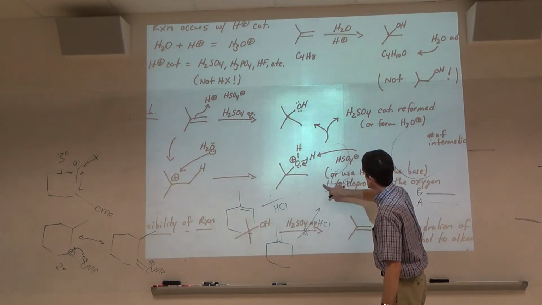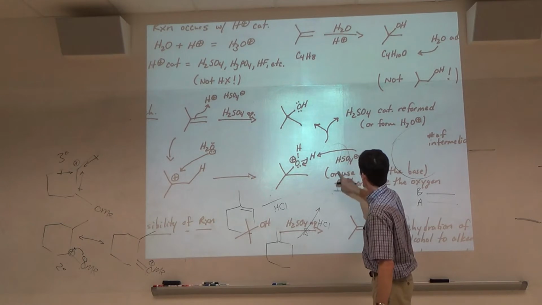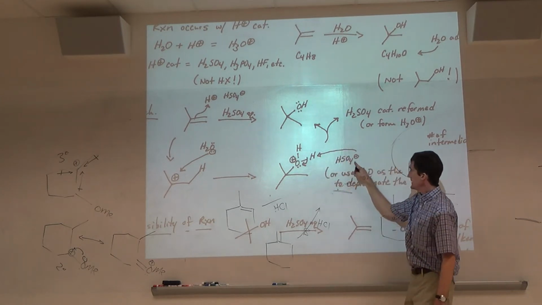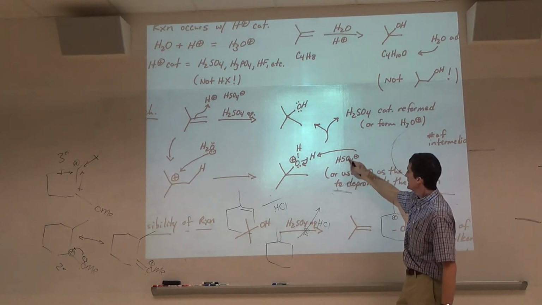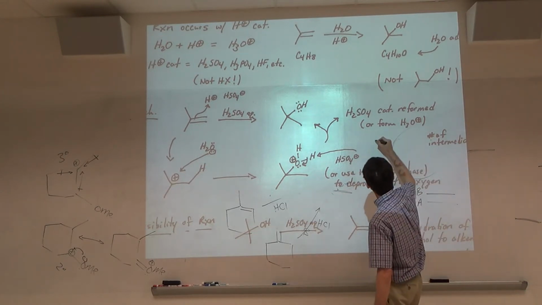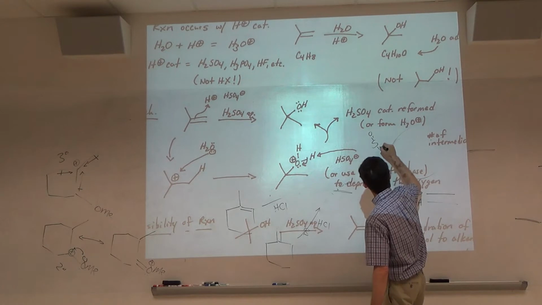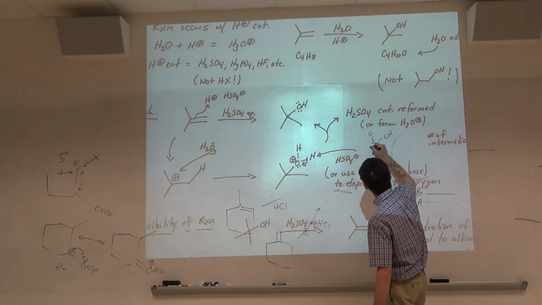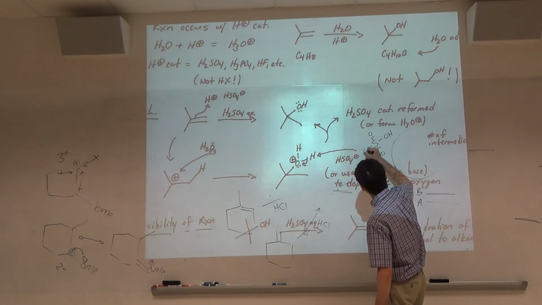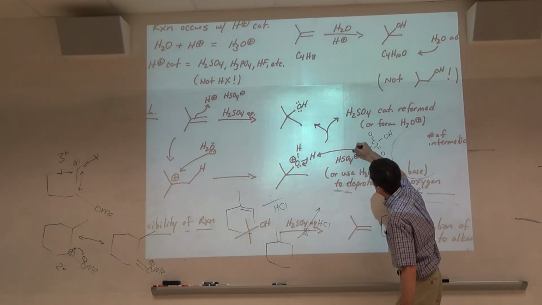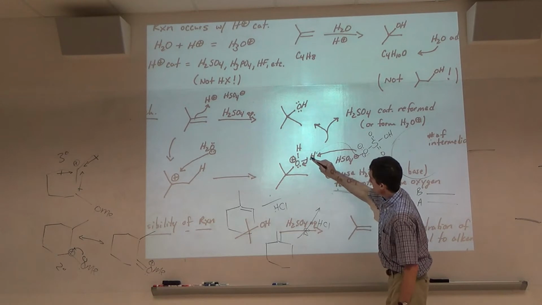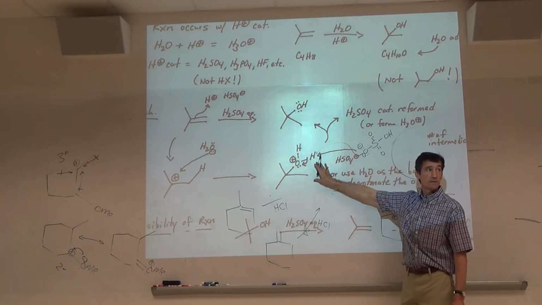What can take an H? The bisulfate anion. Now here I'm showing it condensed. I'll typically do that. Now if we want to show that out, it's this, and these electrons take an H. That's just an acid-base reaction. We did that last week.